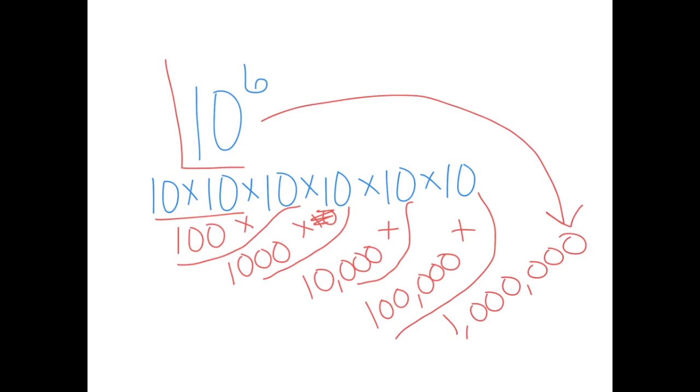And writing 10 to the sixth power is a whole lot easier than writing out this big giant number. It's important to remember that exponents tell us how many times to repeat the base. So remember when we were figuring out 10 to the 6th, we were doing 10 times 10 times 10 times 10 times 10 times 10. Be careful. Sometimes students think that a shortcut would be doing 10 times 6.